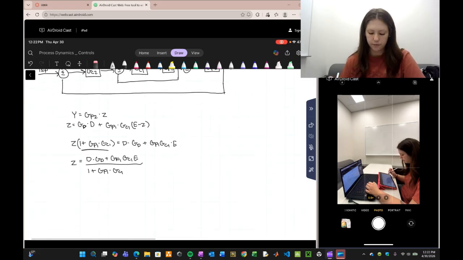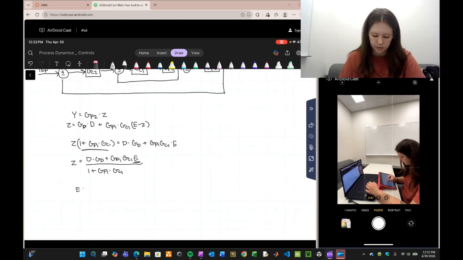So now we need to define our E portion here. So E is equal to GC2 times our Y minus our Y set point.